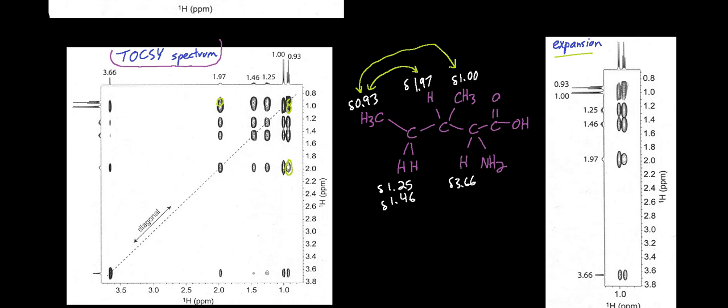We should see a correlation between 0.93 and 3.66, and this is getting more to the point of the discussion. One of the key points, 0.93 to 3.66, there it is, coming all the way down in this direction to 3.66 on the diagonal.